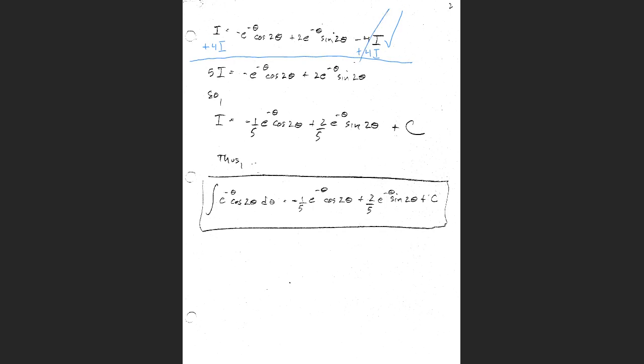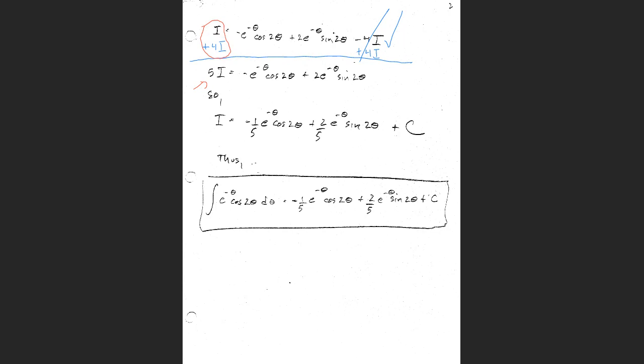These will cancel. And 1i plus 4i is equal to 5i. So 5i will equal negative e to the negative theta cosine 2 theta plus 2 times e to the negative theta sine 2 theta.